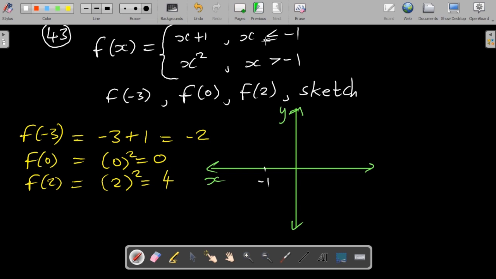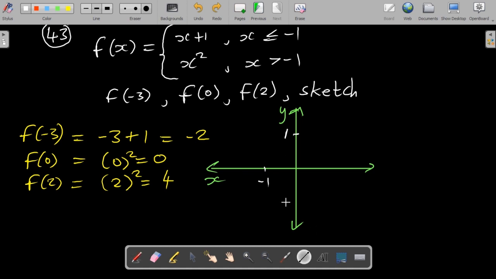And the first one is a straight line, so to the left of minus 1 until minus 1, because it's included, there's equality there. We have a straight line which has a gradient of 1, and it was supposed to cut at 1, but it won't reach that point because it doesn't exist there. But you can use that just as a projection, just to imagine where it would go.